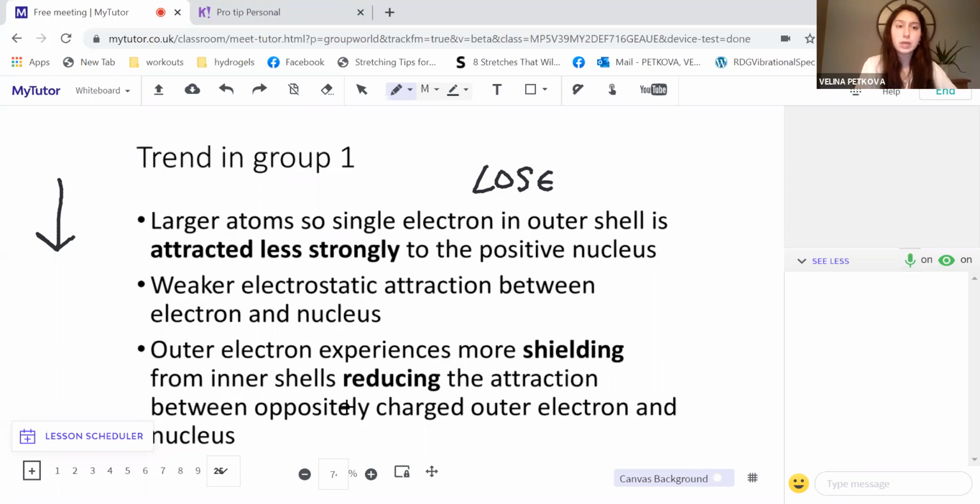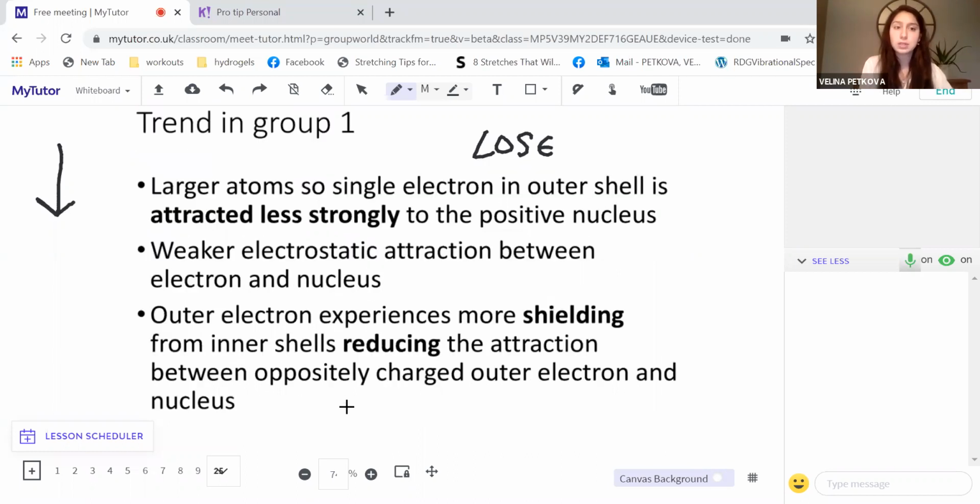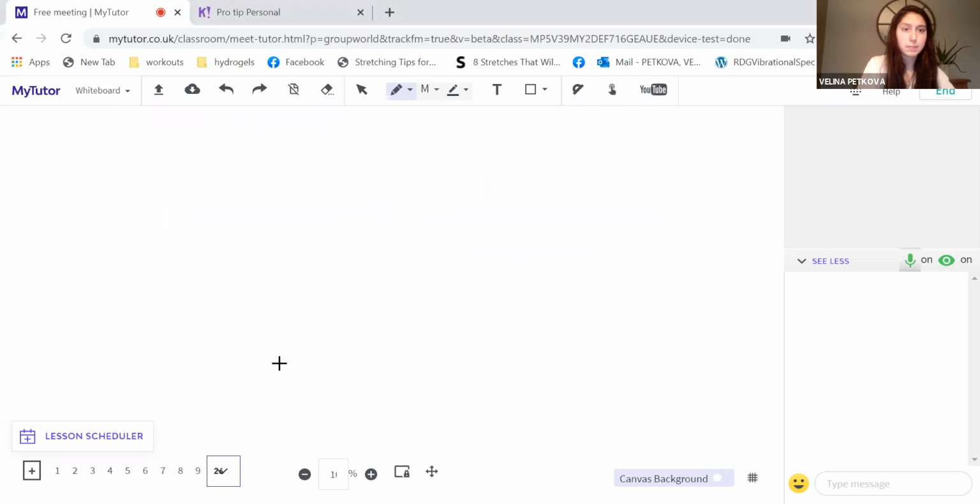Okay, so the outer electron also experiences shielding from the inner electrons, which reduces the attraction between the oppositely charged outer electron and nucleus. Okay. So what is shielding? Yes, good question. Is that explained next?